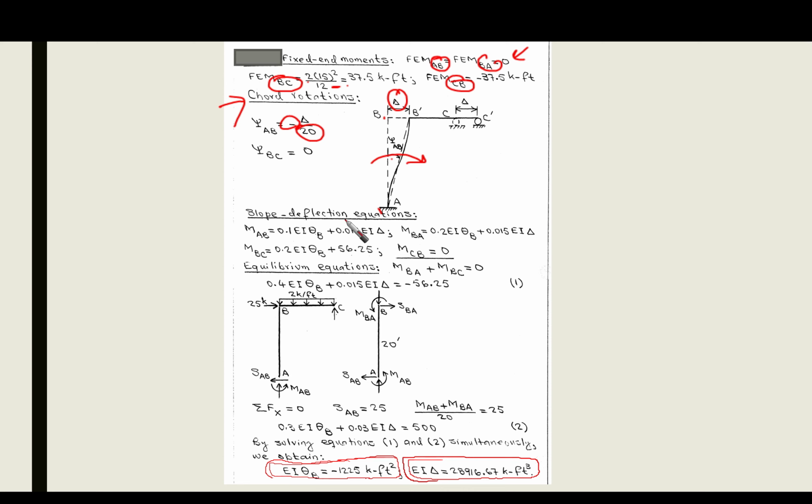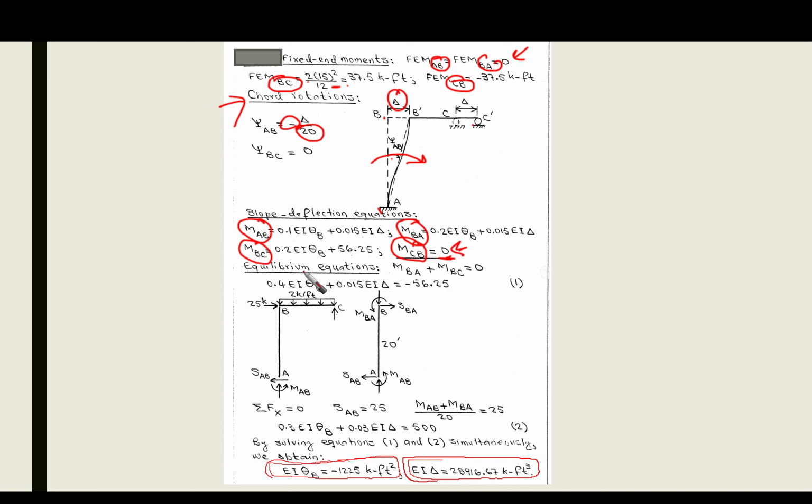Slope deflection is going to be applied at the member AB and member BC. So we have MAB, we have MBA here, and we have MBC, and we have MCB. But MCB, fortunately, is a roller, so it is going to be 0.